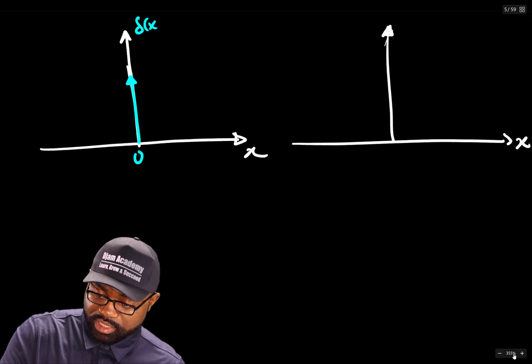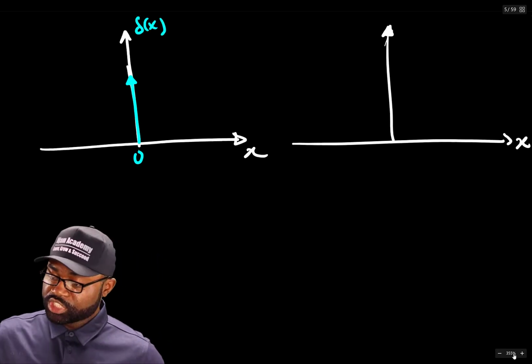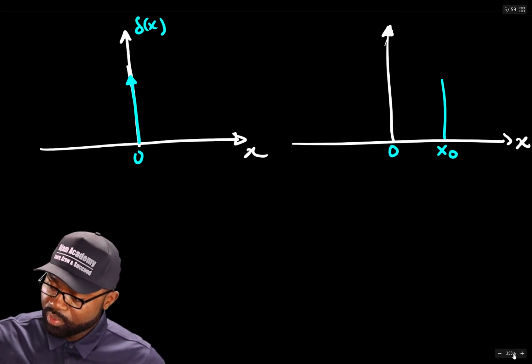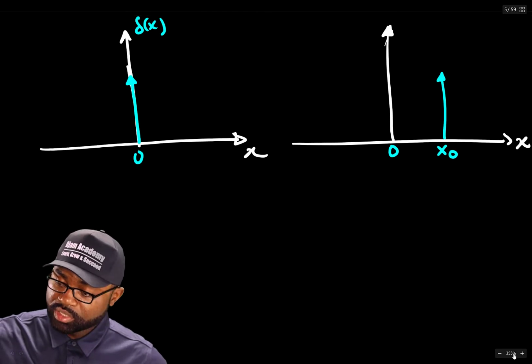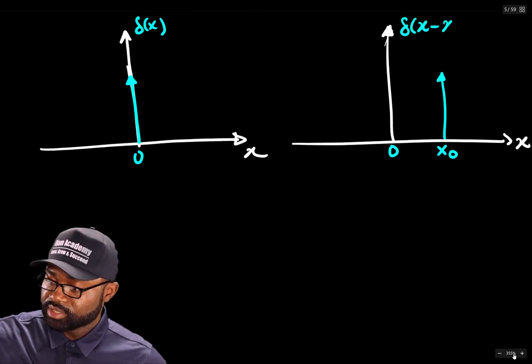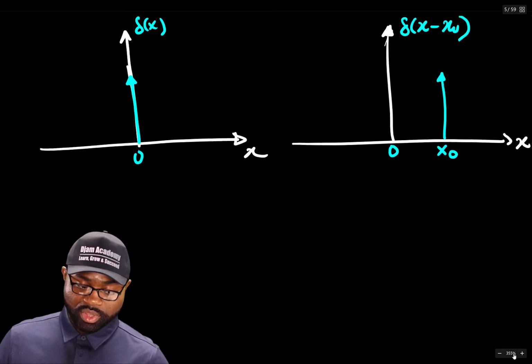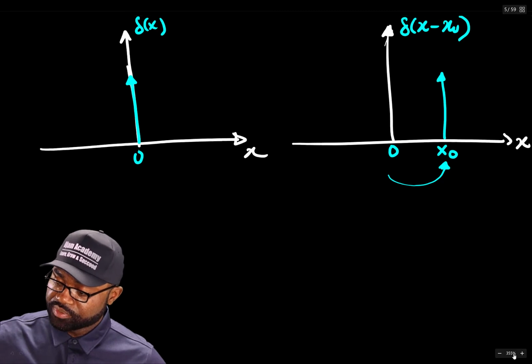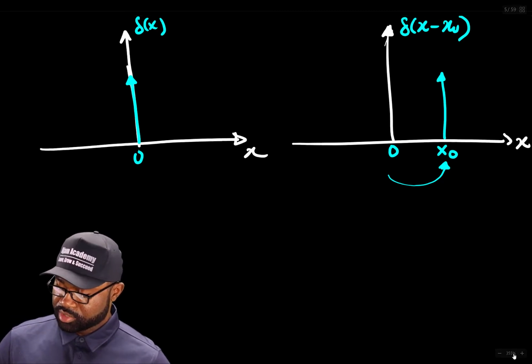For a shifted point impulse, this is x naught, this is 0. This is delta(x minus x naught). You realize that the function has been shifted to the point x naught.